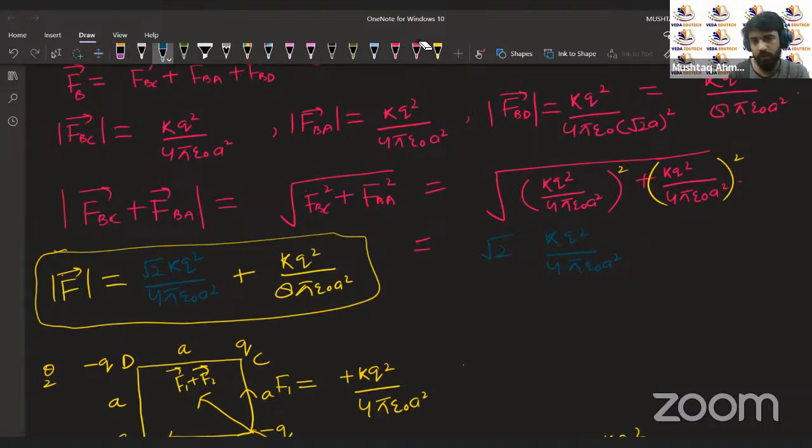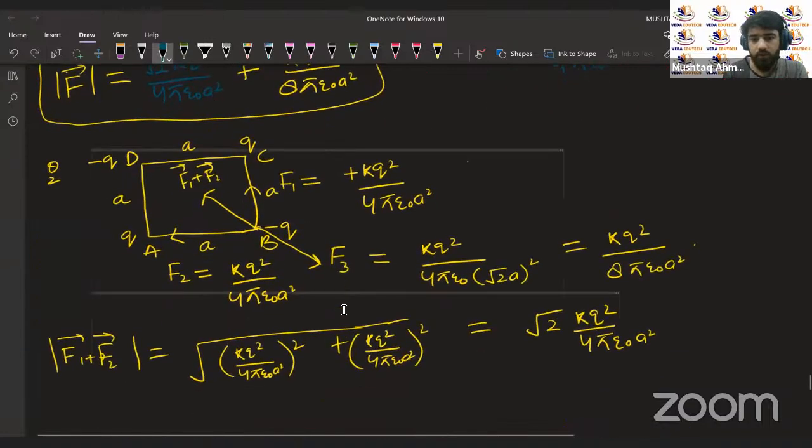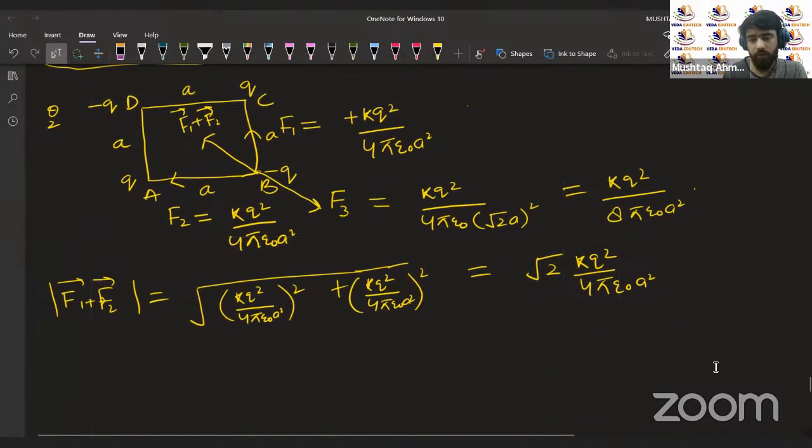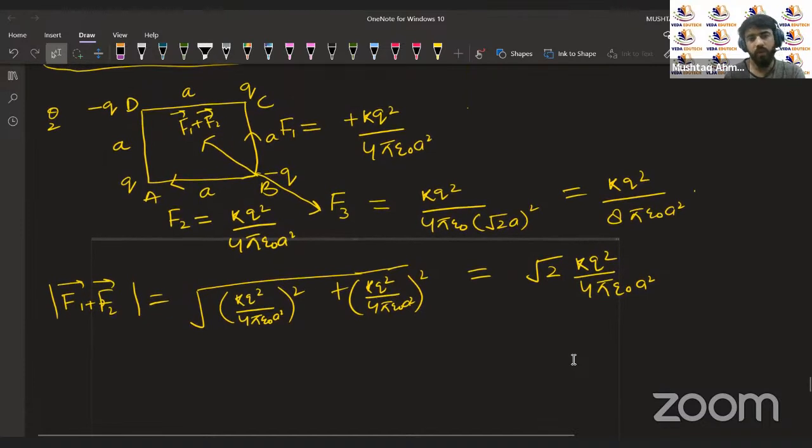So this will be the correction. Here the net force because of F1 and F2 is root 2 times KQ square upon 4 pi epsilon naught A square. But the force F3 is opposed to the resultant of F1 and F2.